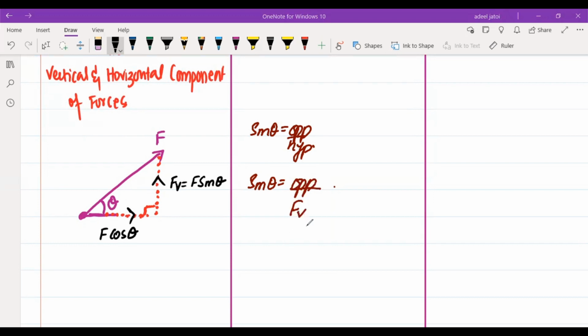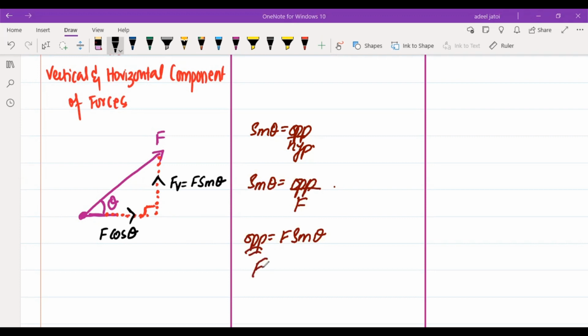Let's say force vertical. So can we just say that opposite is equal to what? Opposite directly will be F sine theta. This should be force multiplying with sine theta.